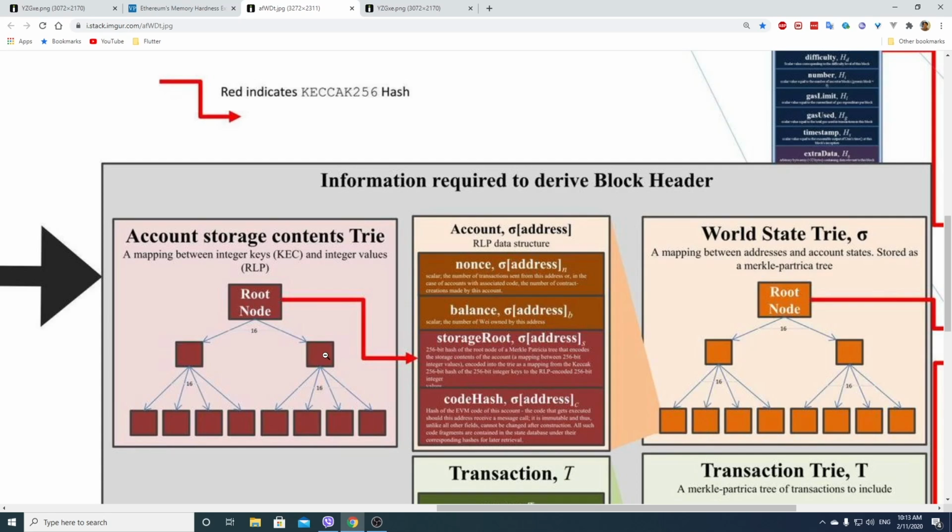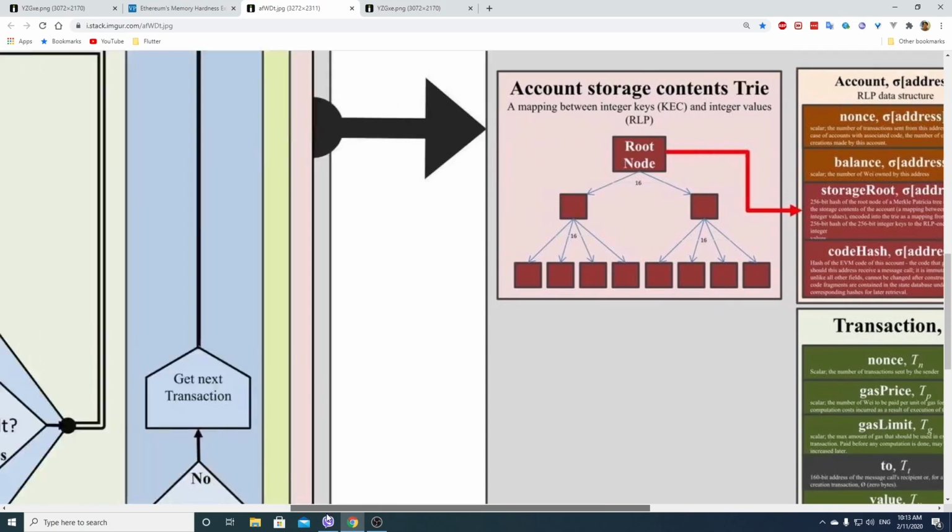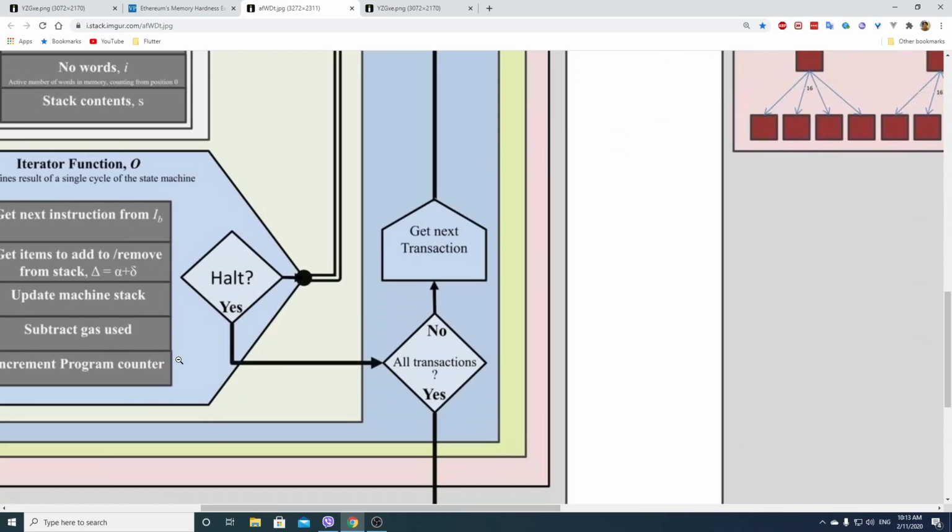And then you have the final type, which is the light node. The light node kind of cheats, and they pretend that they have this data, but they only have the block headers. And what they do is, when you execute a particular function, they can't verify anything, right? Because they don't have the state.